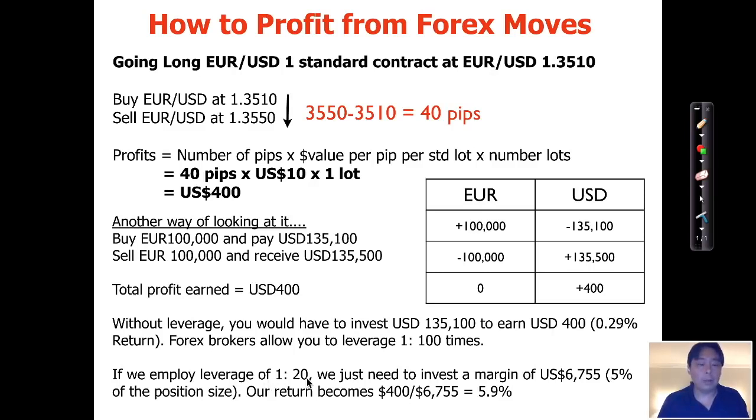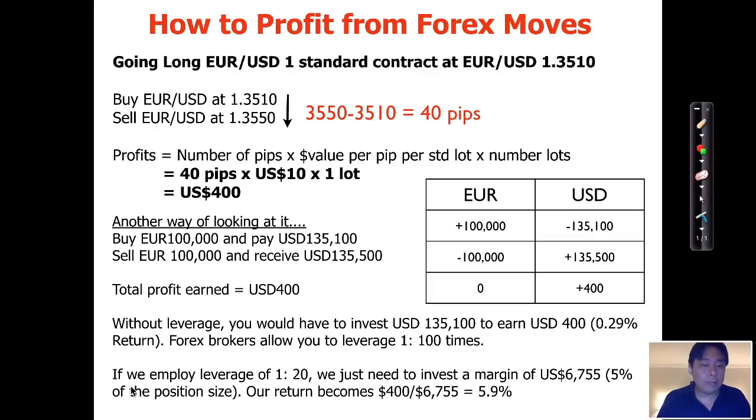In other words, for every 10,000 you put into your account as capital, you don't buy more than 200,000 worth of any currency. Very rarely. Usually I only leverage about 10 to 15 times. So for every 10,000 I put in, I'm only buying 100,000 or 150,000 worth of currency.